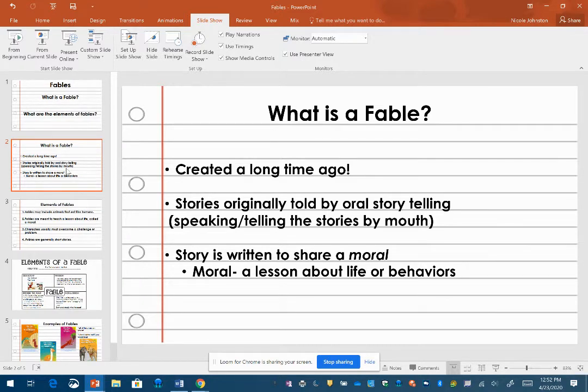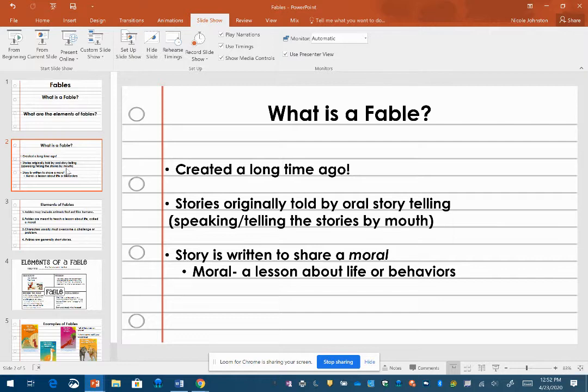People were just talking. So where it says that it was oral storytelling, they were basically just sharing the stories like we have shared on Zoom. They didn't have them written in books for a very long time, and the only way that people knew of these stories was from word of mouth.